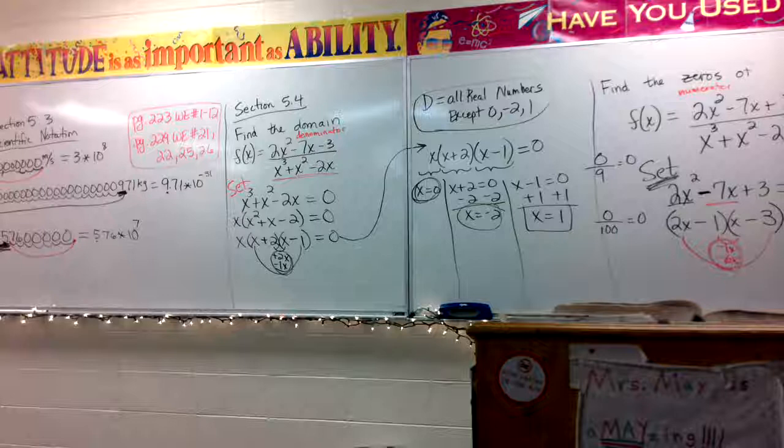We could put any real number we wanted into here for x, except we can't put any number in that's going to make the denominator equal to 0. So for this one, we have to set the denominator equal to 0. And then we have to do just like we did over there. We have to factor it and solve it.